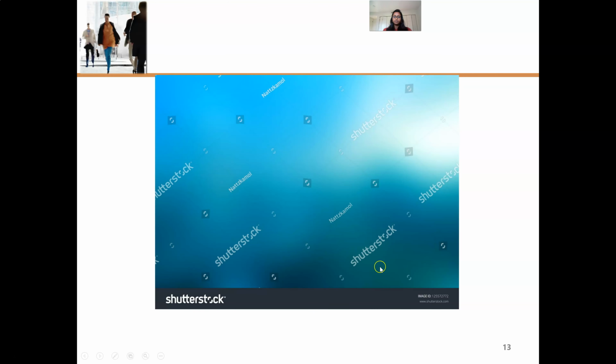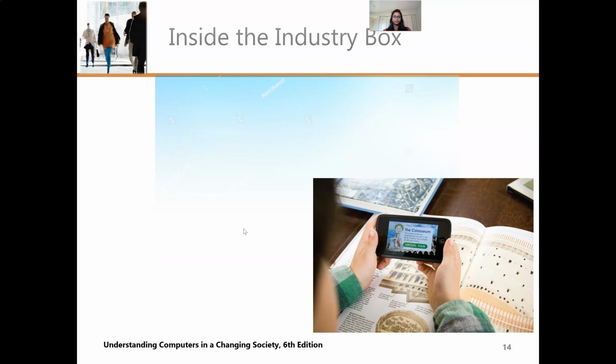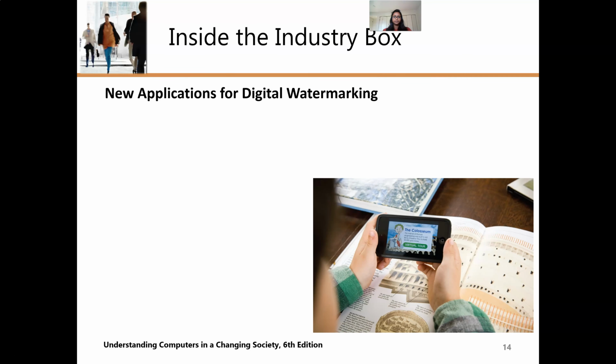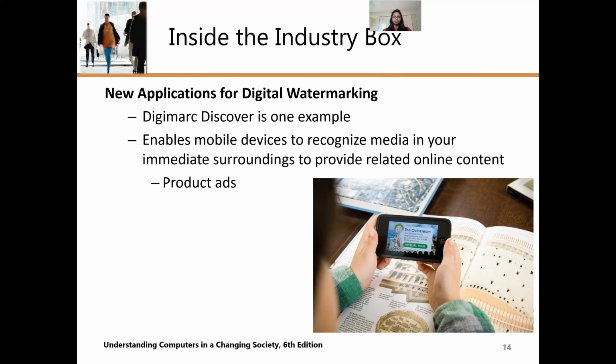I'm sure all of us would have seen such things in Google Images. These are called digital watermarks. One software or application which is used for digital watermarking is called Digimarc Discover.